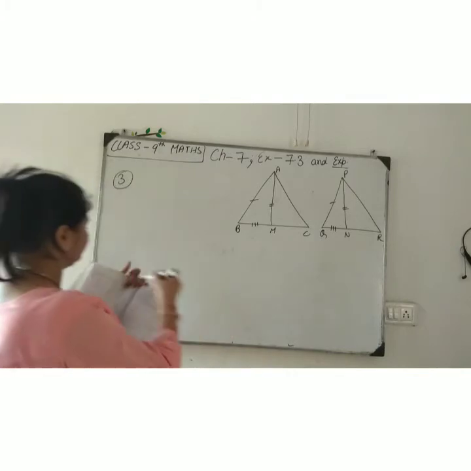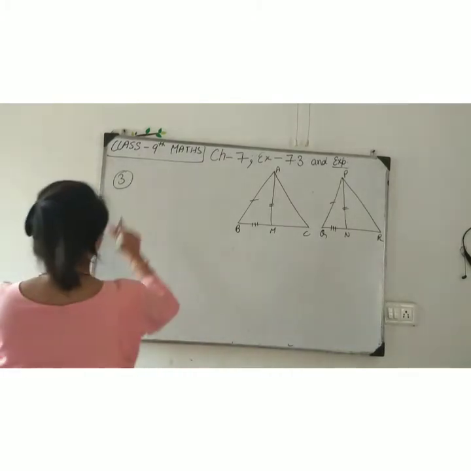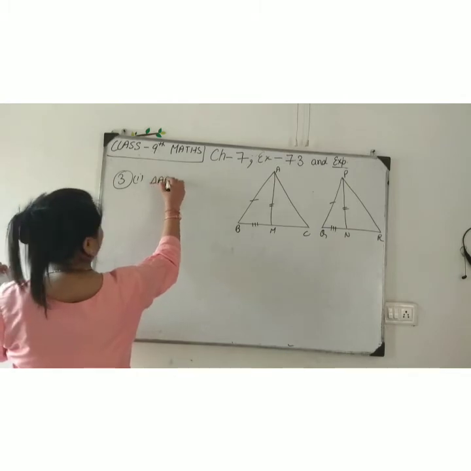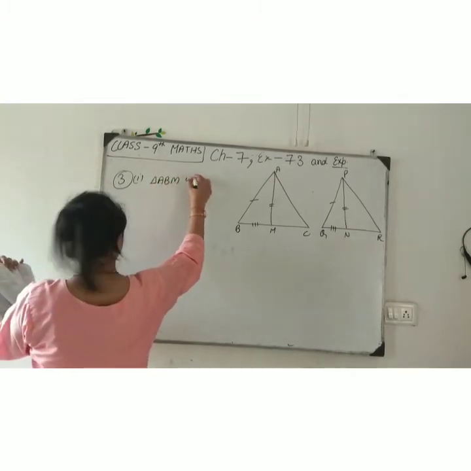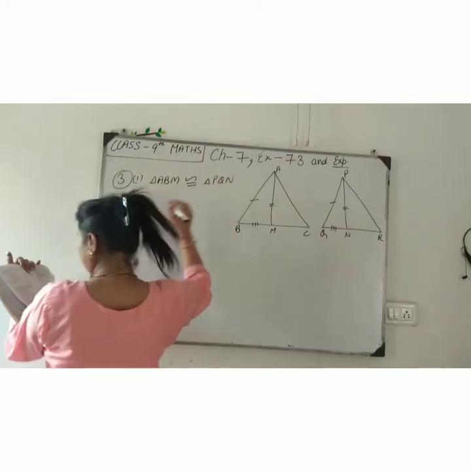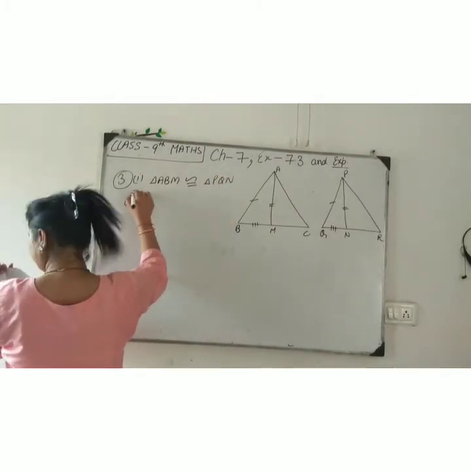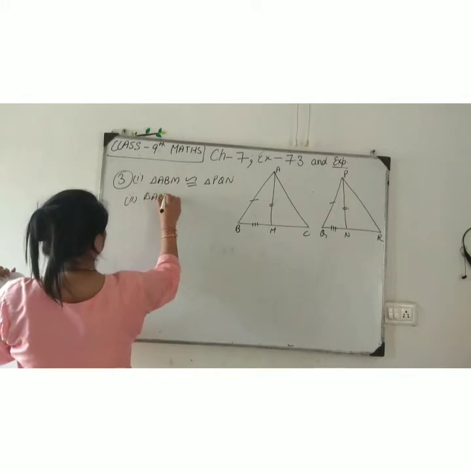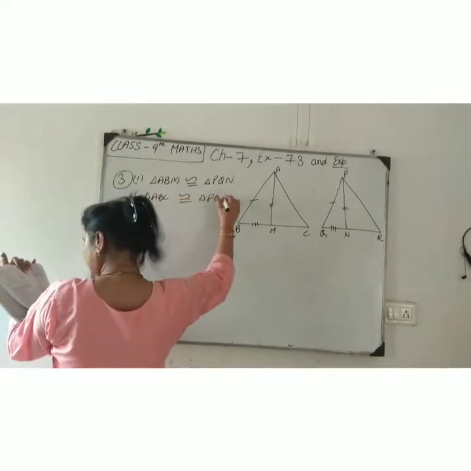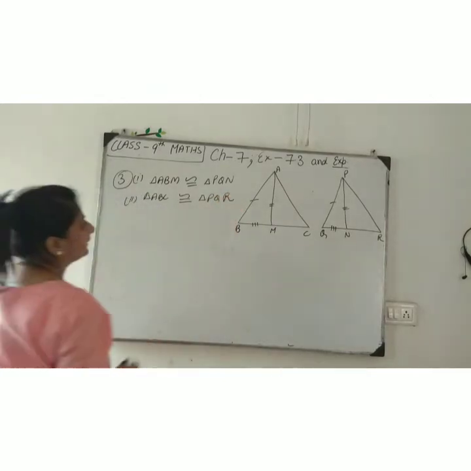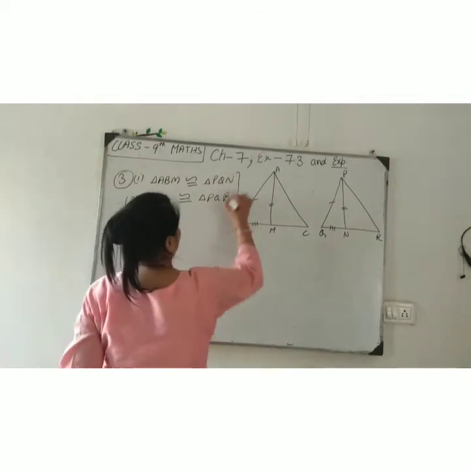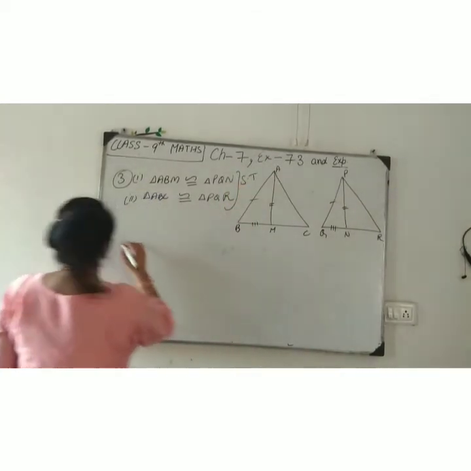Show that number 1, triangle ABM is congruent to triangle PQN. Number 2, triangle ABC is congruent to triangle PQR. Clear? This one I showed, and it is given.